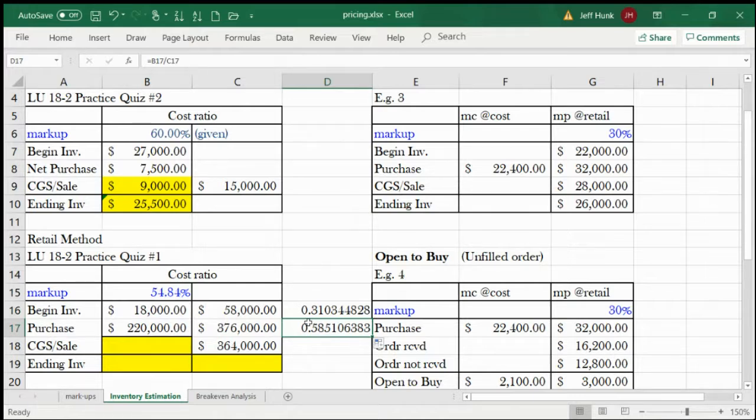Yeah, the cost ratio can be different, depending on the time when the purchase was made. For example, if you are a retailer buying products from a supplier, depending on when you bought it, the prices change over time.